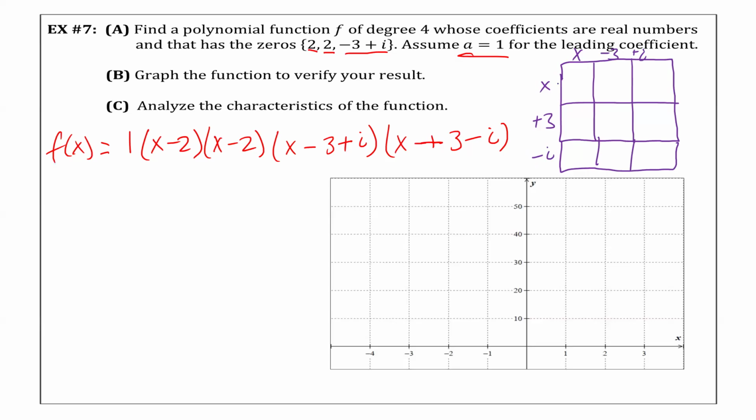And then we're going to multiply. x times x is x squared. x times 3 is 3x. Still with me? x times i is xi. x times 3 is 3x.